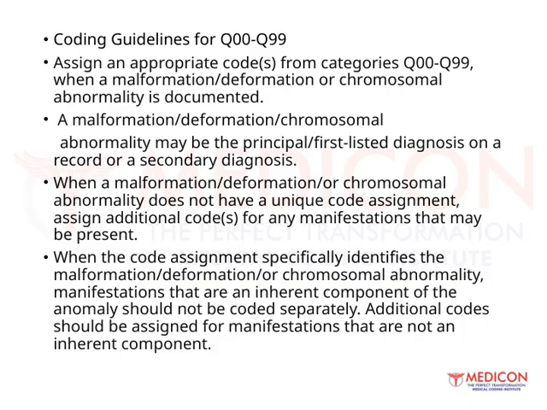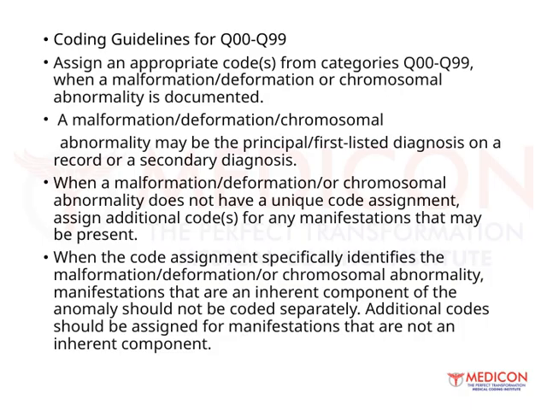Now, sometimes a malformation or abnormality doesn't have a unique code on its own. In these cases, you need to assign additional codes for any related manifestations that might be present. This helps give a complete picture of the patient's condition. An especially key point to remember is that if the code specifically identifies the malformation or abnormality, then you generally don't code the manifestations that are an inherent part of that anomaly separately.